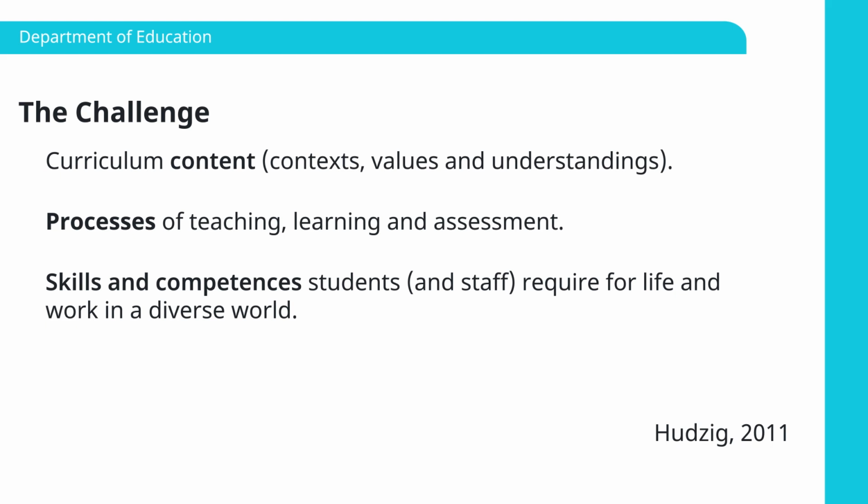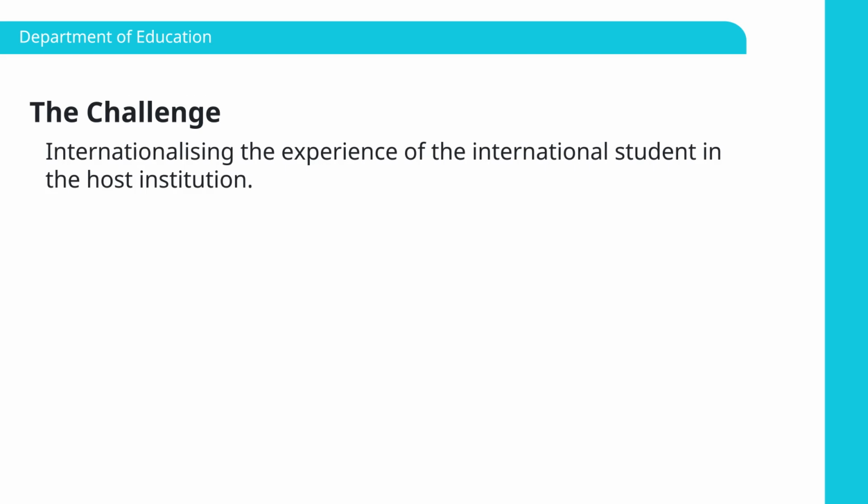Or do we draw them from the UK? Or to what extent do the students in our classrooms want to learn about examples from their own countries or from other parts of the world? And again, what kind of skills and competencies do students and staff require for life and work in a diverse world? So there's lots of challenges.